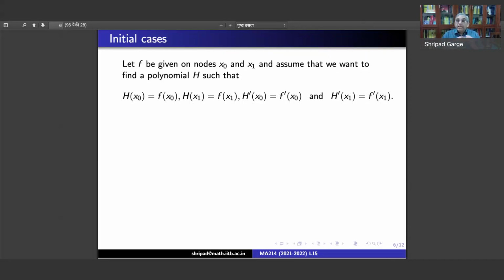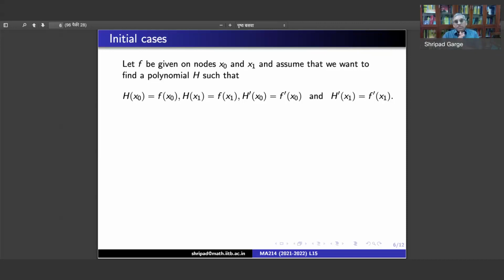So here, in fact, we can have four special cases where f(x0) is 1, f(x1) is 0, f'(x0) is 0, f'(x1) is 0. Then f(x1) is 1, and the remaining three values, which are f(x0), f'(x0), and f'(x1), are 0.